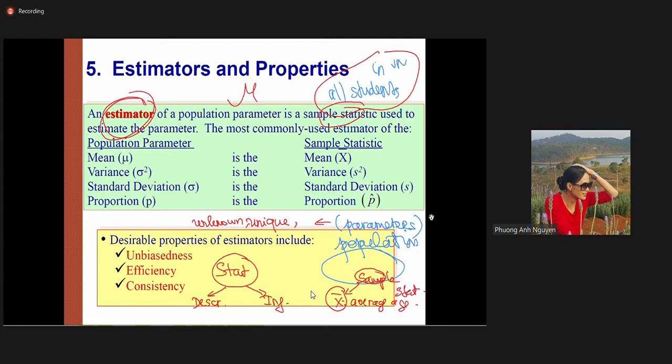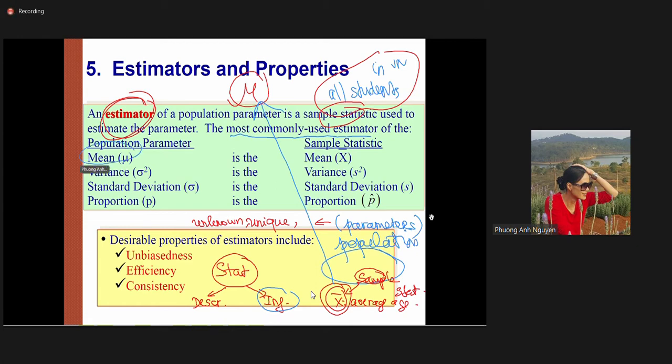Because mu is unknown, I get x bar from my sample, and I'd like to say something about mu from x bar. This is an example of what we call inferential statistics: saying something about the parameters using a sample statistic. Remember the most commonly used estimators, when I talk about the mean, like the average age.